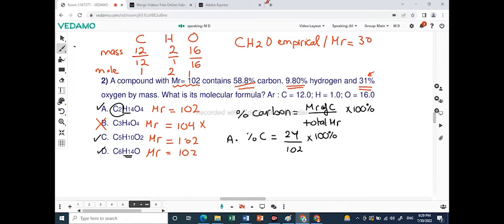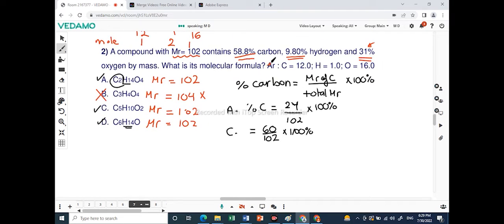We're going to think about the final answer later. For the C, to find the percentage by mass, how many carbons do we have? We have 5. 5 times 12 is equal to 60, divided over 102 times 100%. And finally, I'm going to go into the D part.